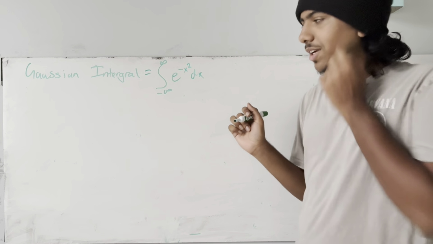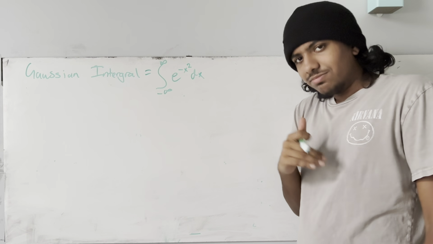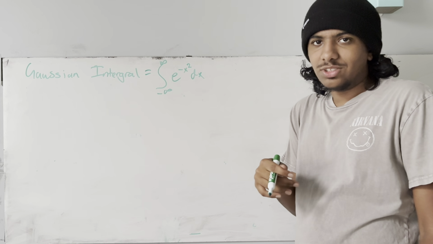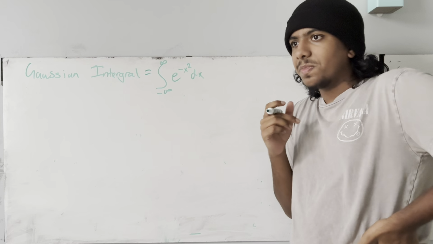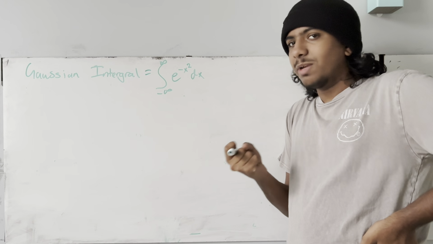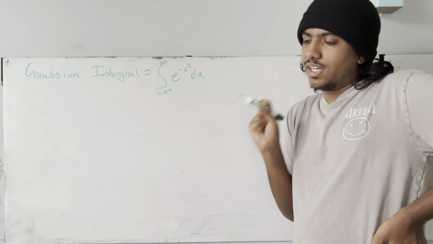Yeah, you're probably wondering, like, what? Okay, well, you realize there's no elementary solution to the antiderivative, which means that you cannot integrate this using elementary methods like u substitution, trig sub, yada yada yada.